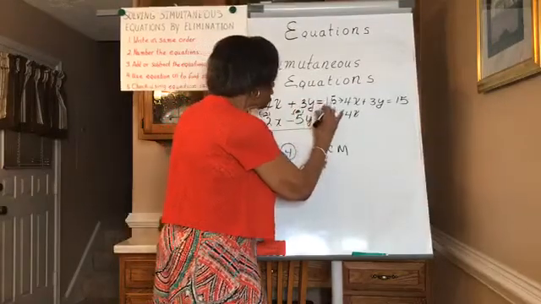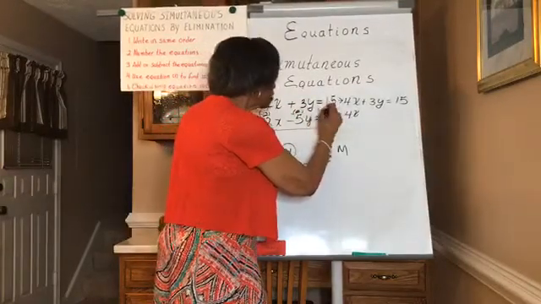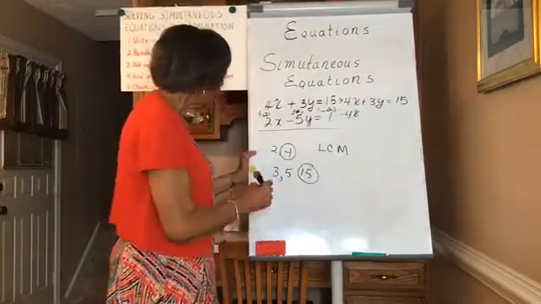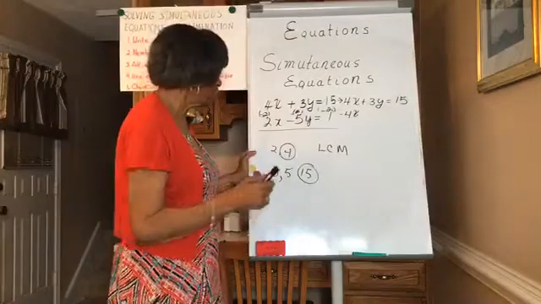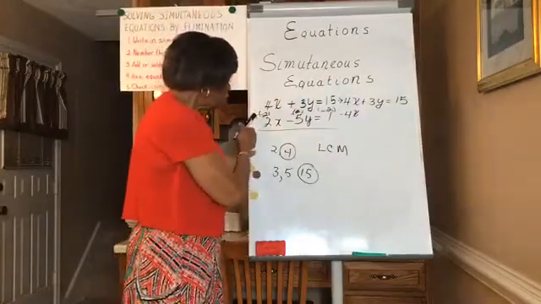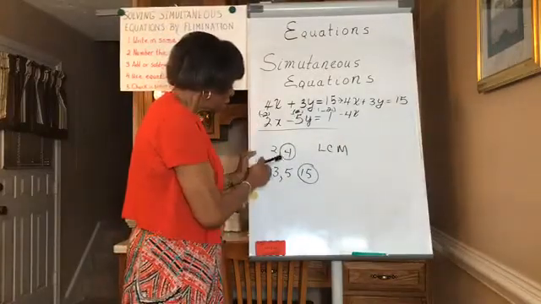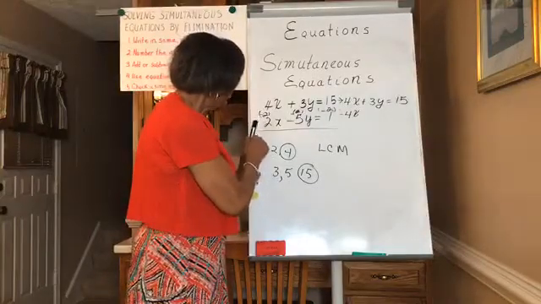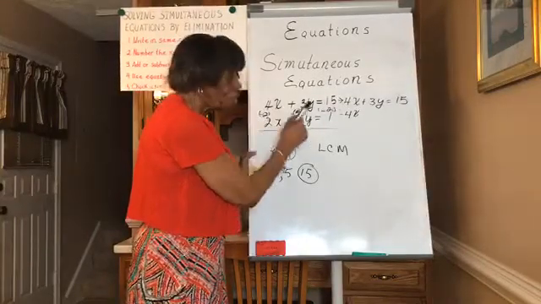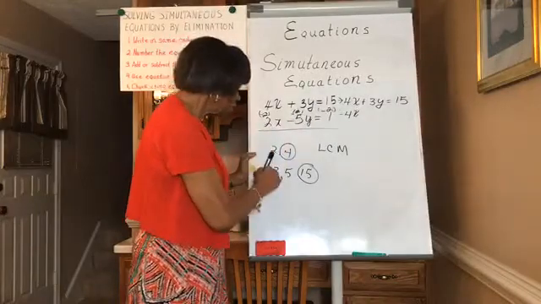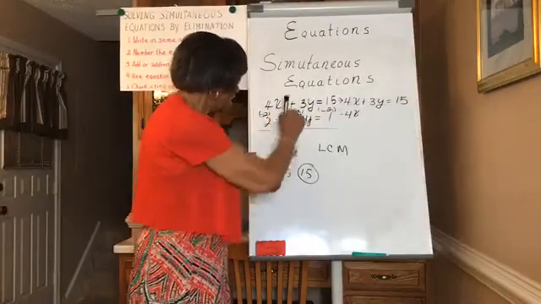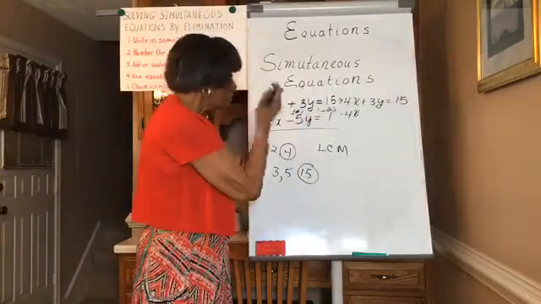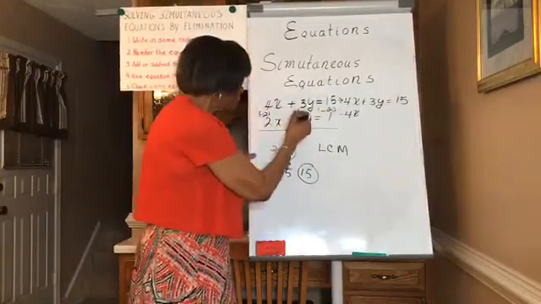Talking sometimes and writing at the same time can make you say one thing and write another. Okay, let's go back over that so there's no confusion. I want this to be -4. The least common multiple was 4. So I need to multiply 2 by 2 to get 4. So I need -2 so that when I add, I will eliminate the x's. All right, so this is -2.